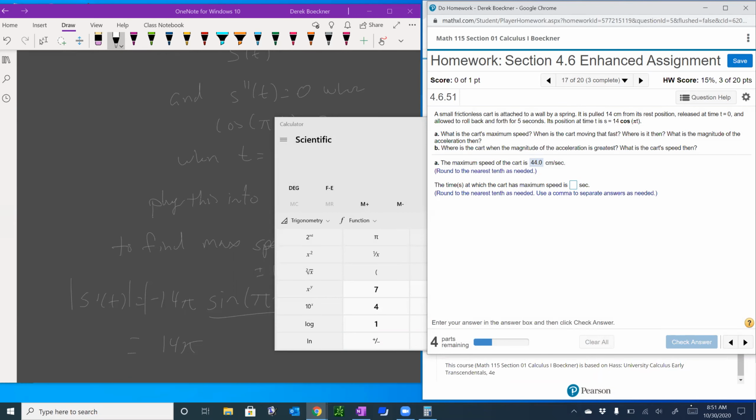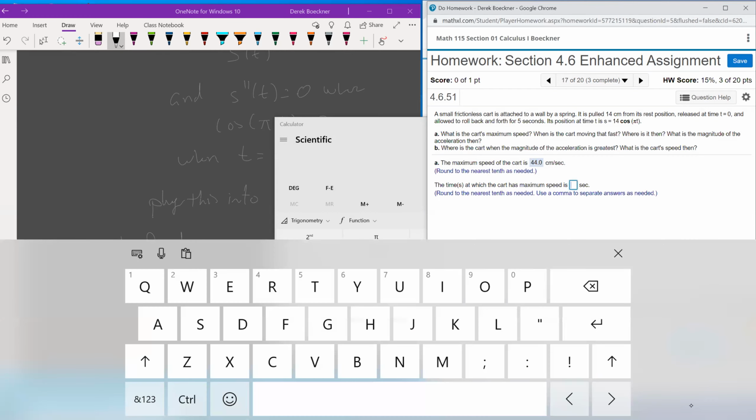Okay. At which times is the maximum speed happening? These are the pi over 2's. It wants k's to separate answers, and rounding to the nearest tenth. Oh, for 5 seconds.